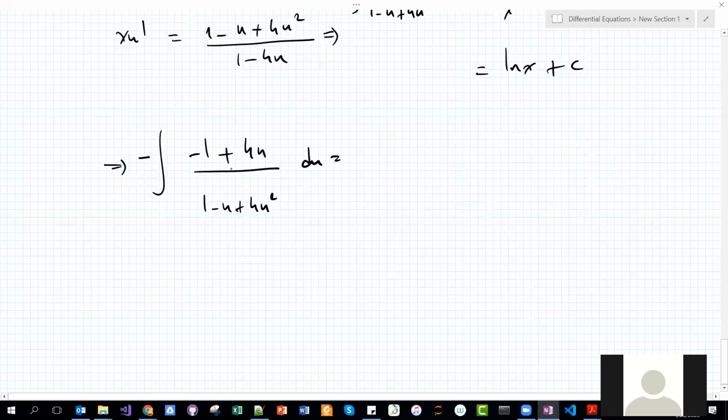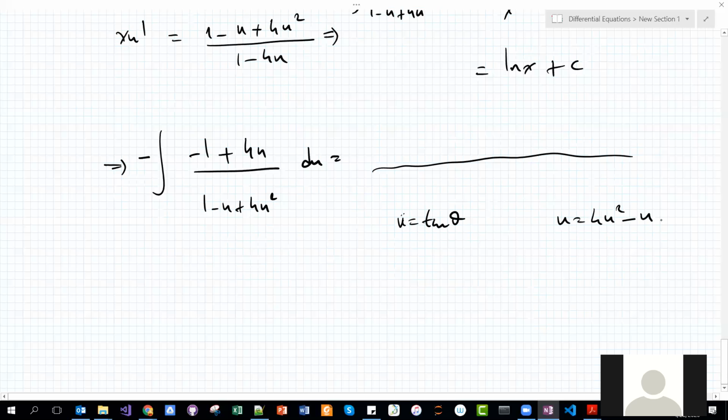Oh, no, since I'm still going to need it. Yeah, sorry, my bad. Just use all the techniques I wrote here. That's going to be the technique you need to use. For the first problem, you need to use u equals tangent theta. The other part needs to be solved by the 4u squared minus u plus 1 substitution.